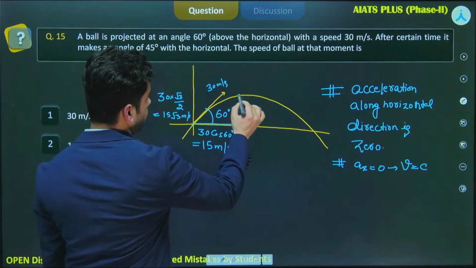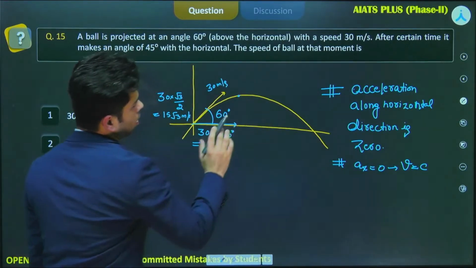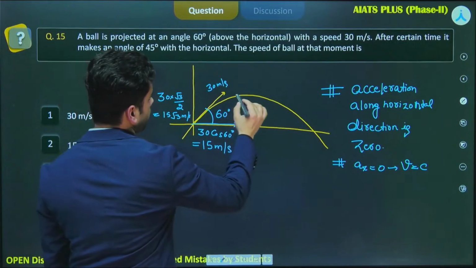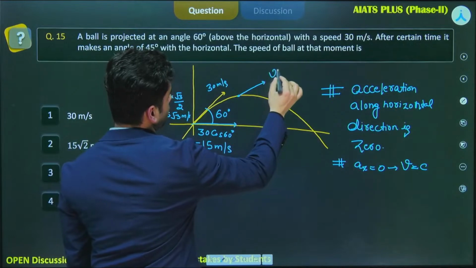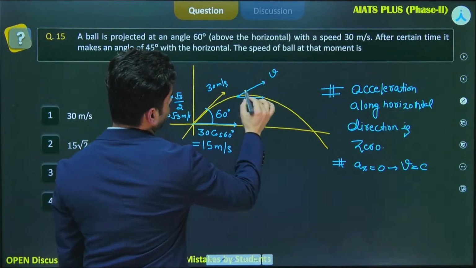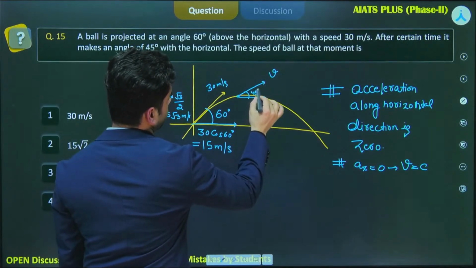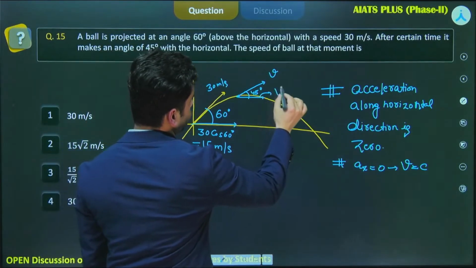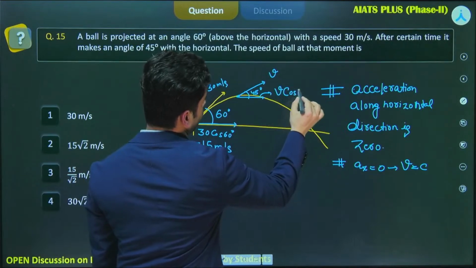Suppose that this is the point, not exactly at the highest point, just before that, or at this point P, the velocity V makes an angle 45 degree with the horizontal. So the horizontal component over here will be equal to V cos 45 degrees.